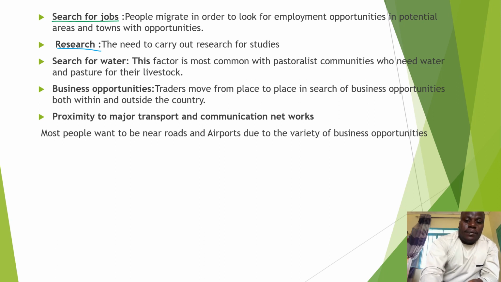Then we have search for water, and this is common with pastoralists, communities which keep large herds of animals. They move looking for water and pastures. For example, in eastern province of Rwanda, most of the people are cattle keepers and the area is dry.